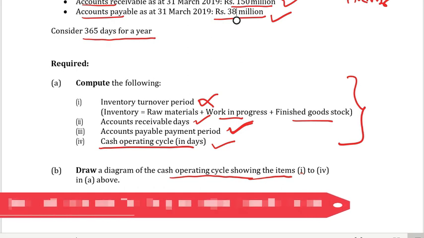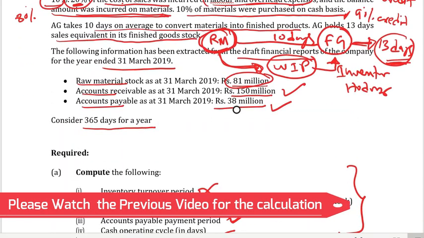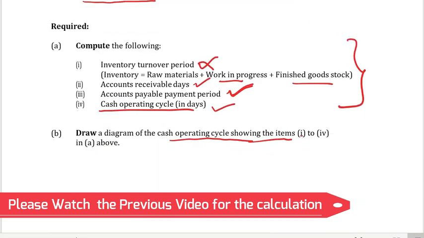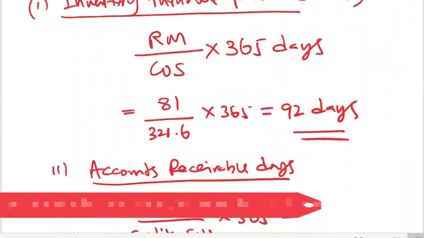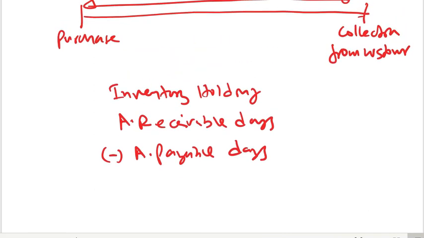So raw material is 92 days and work in progress 10 and finished goods will be 13 days. So therefore, straight away we can take the inventory holding period 92 days plus 10 days plus 13 days.